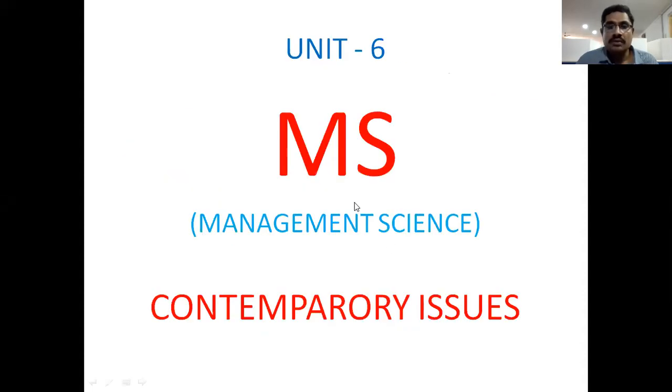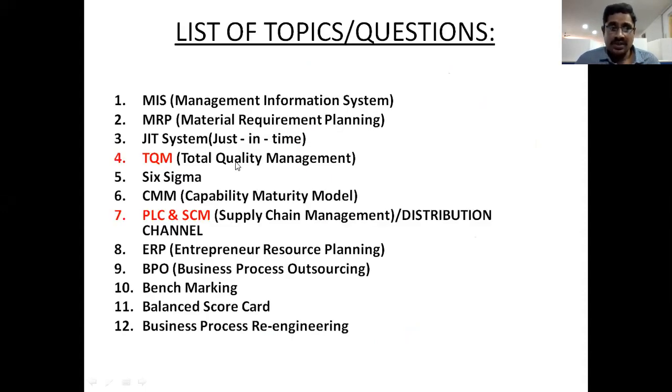So we have completed almost all of our subject. So today's the last class. In the 16th unit we already discussed MIS, architecture, TQM, Six Sigma, CMM, product life cycle, supply chain management, ERP, BPO, benchmarking. Right?